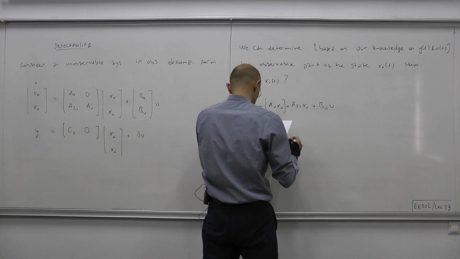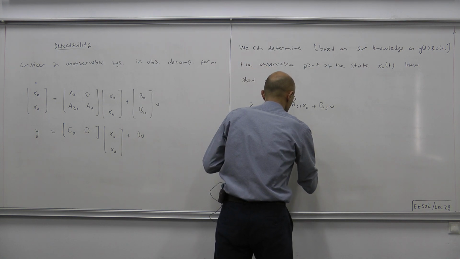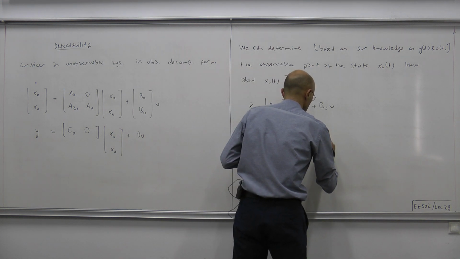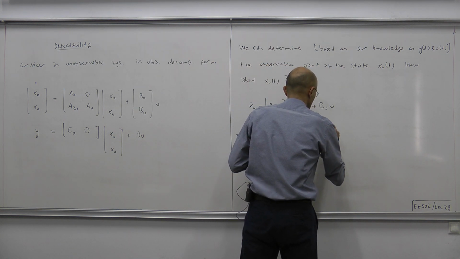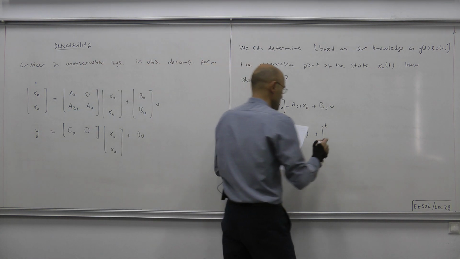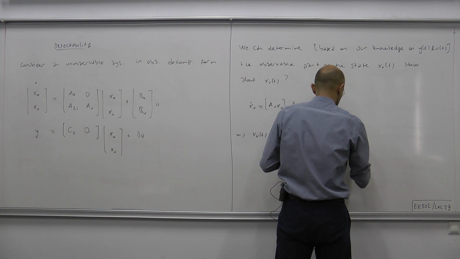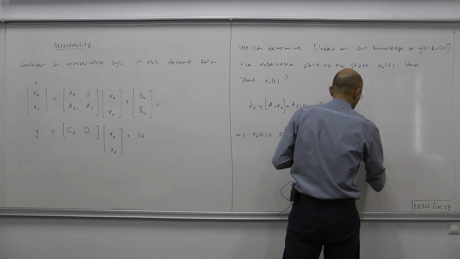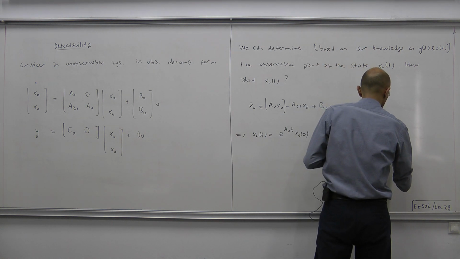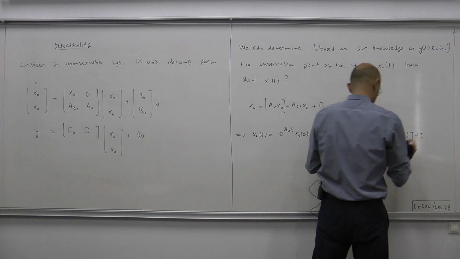Namely, we have e to the Au t times the initial condition, plus the external input effect from 0 to t, e to the Au (t minus tau) times A21 xo of tau plus Bu u of tau, d tau.